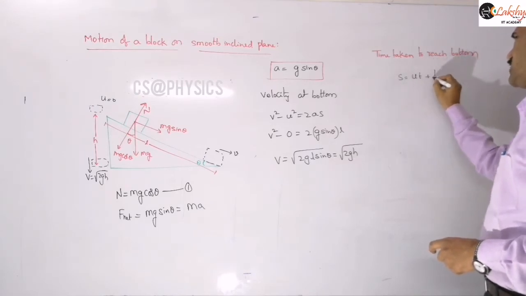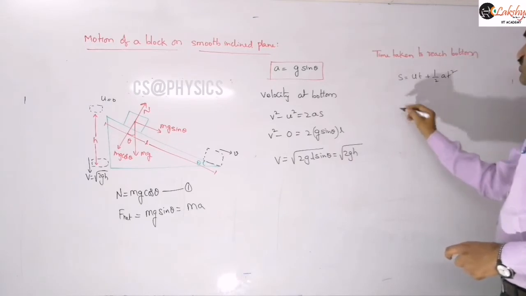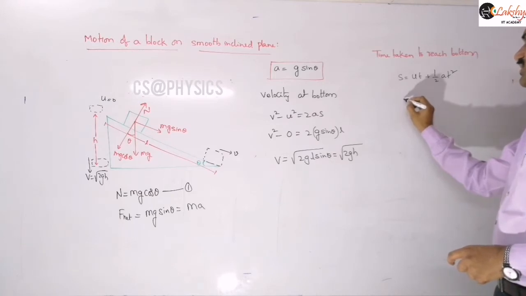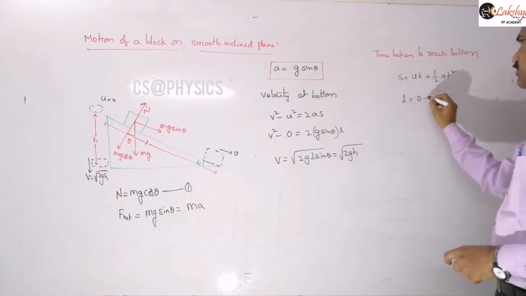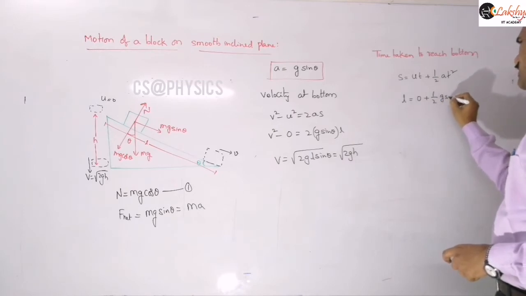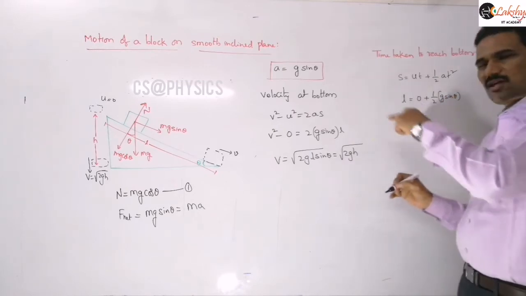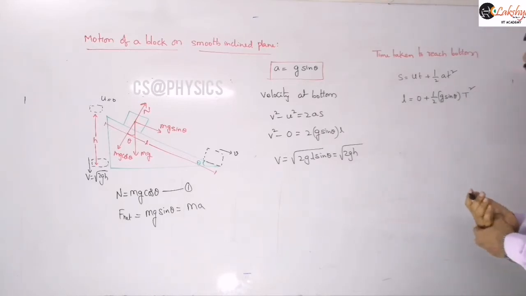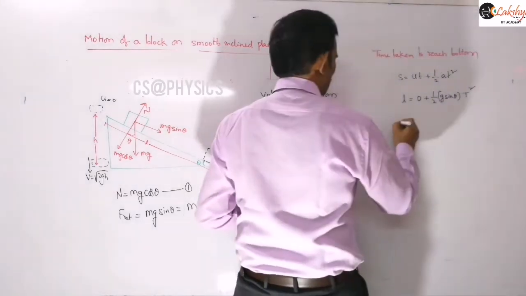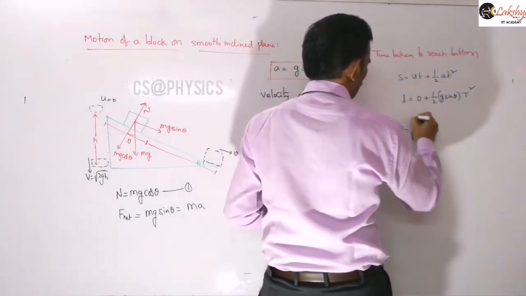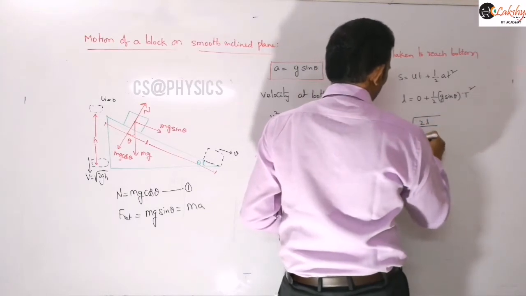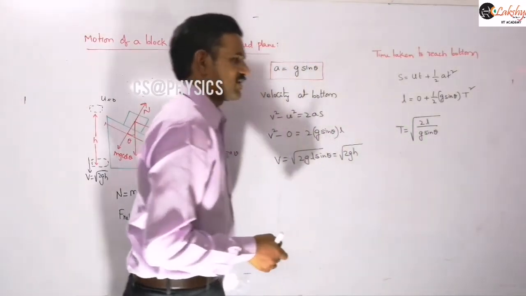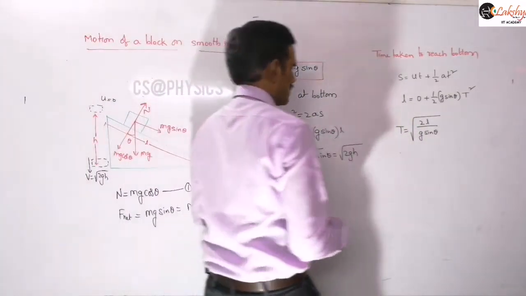So along this inclined plane, I can write L is equal to 0 plus half into the acceleration along the inclined plane, which is g sine theta, into T square, taking time as capital T. Therefore, t is equal to under root of 2l by g sine theta. It is the expression for the time taken by the body to reach the bottom of this inclined plane.